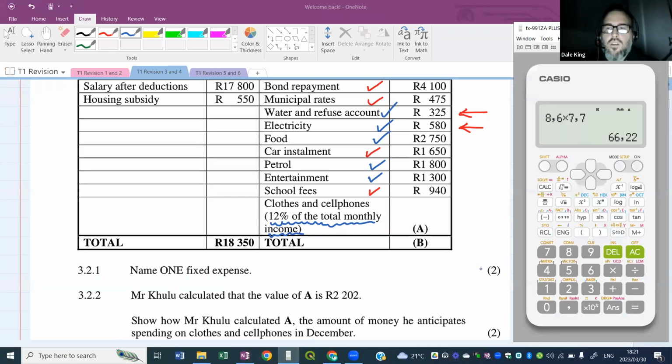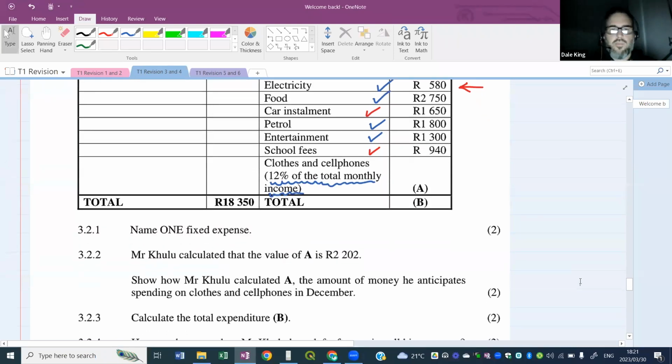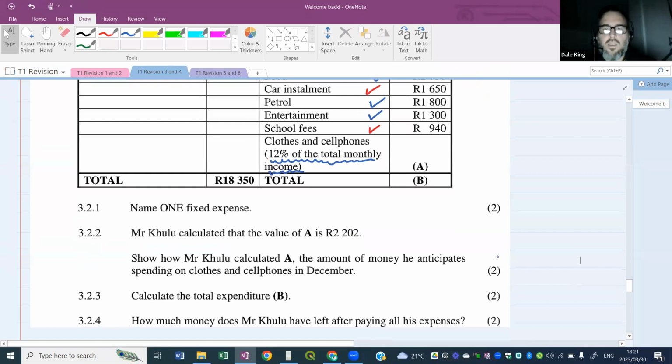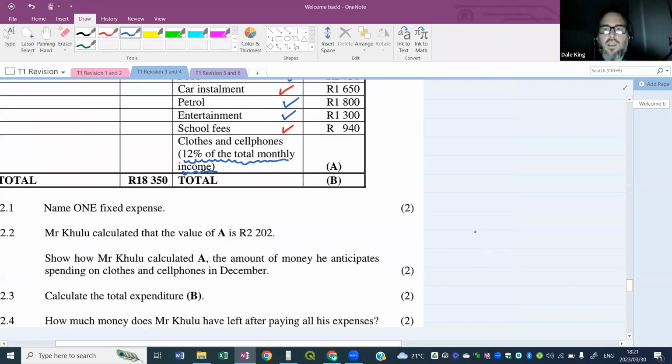Okay. So theoretically, the calculation, I'll do it on the side here. So we need 12% of the total monthly income. Now the total monthly is all the income. So it's this value, 18,350. Okay. So we need 12% of that.